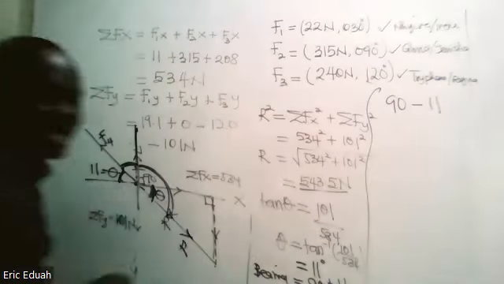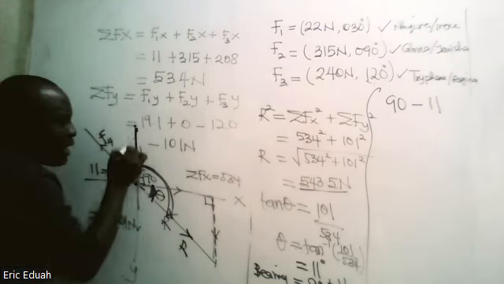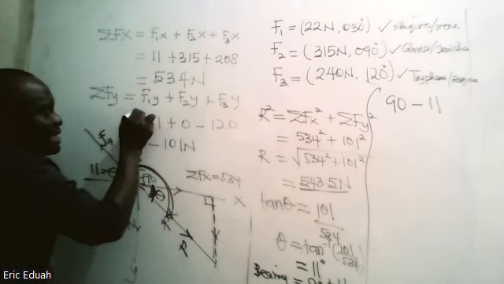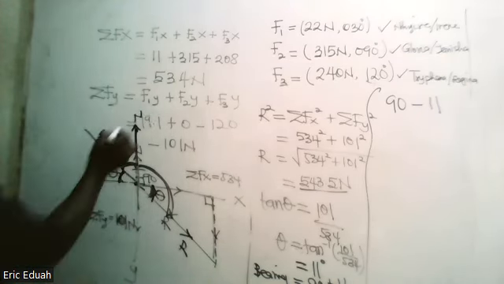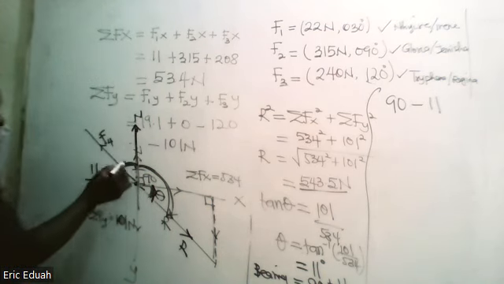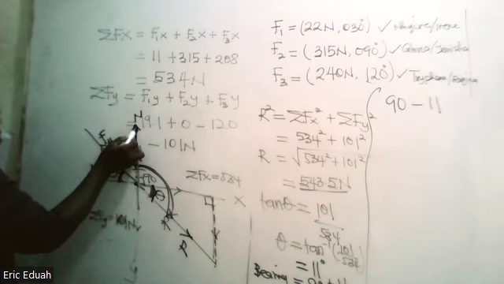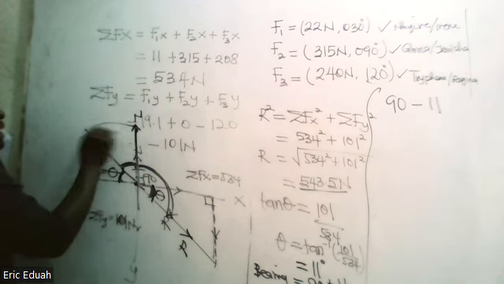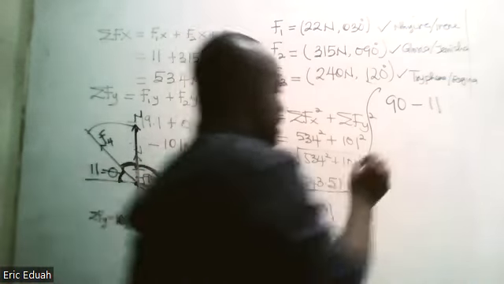Meaning that angular measurement is taken from the north. So if I'm here and I want to face the direction of the equilibrium, I have to turn in an anti-clockwise direction through an angle of 79.